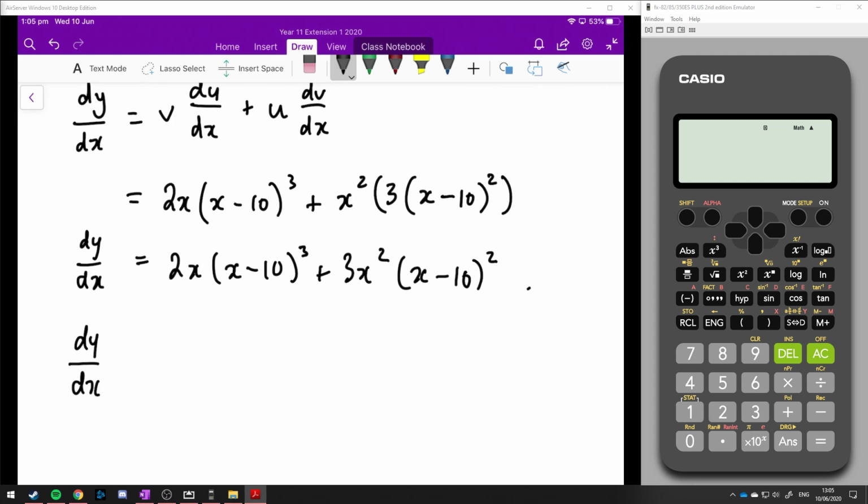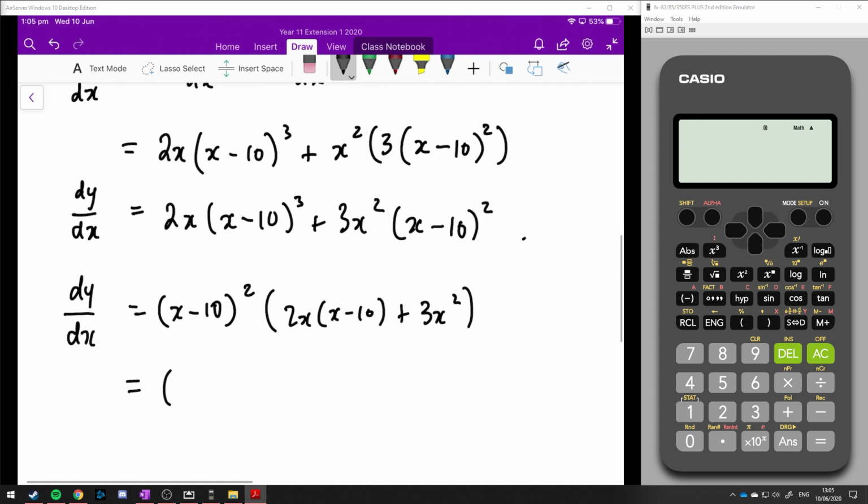So dy dx is equal to, so we've got x minus 10 all squared common to both, and that's going to leave us with 2x, lots of x minus 10, plus 3x squared, okay? And then from there, we can go x minus 10 all squared, and then it's going to be 2x squared minus 10 plus 3x squared.